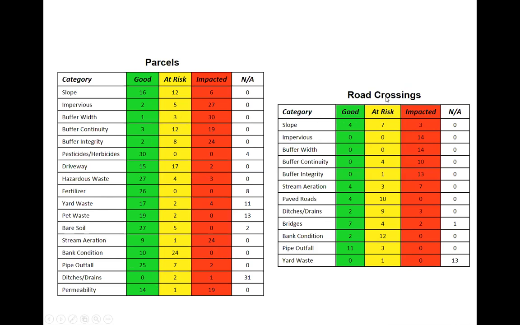On the other hand, we had the road crossings. The roads themselves were controlled by the Department of Public Works, so we had direct access to them. So we could talk to them directly about their road crossings and the kinds of things we were seeing and how they might do things differently. And so these are some of the things we were looking at, sort of sediment buildup at those road crossings.